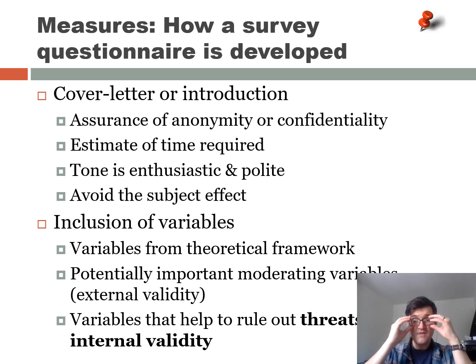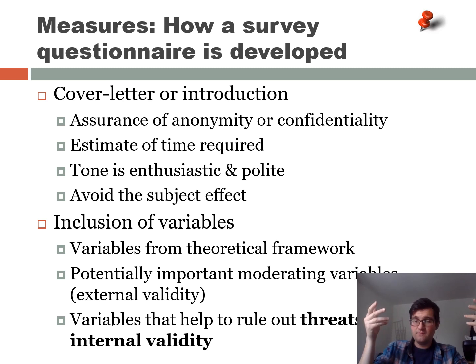Whenever we're trying to statistically rule out confounders, these third variables that might completely or at least mostly explain the relationship between our independent and our dependent variable, there's an infinite number of potential confounds, right? So we can only measure so many. What we want to do is measure what seem to be the most important potential confounders.